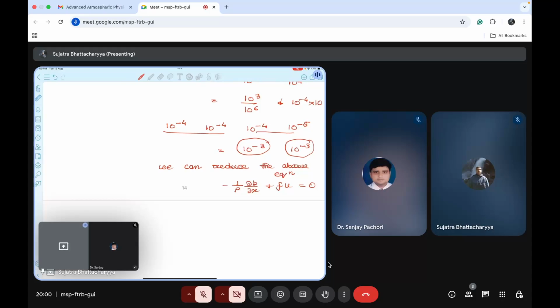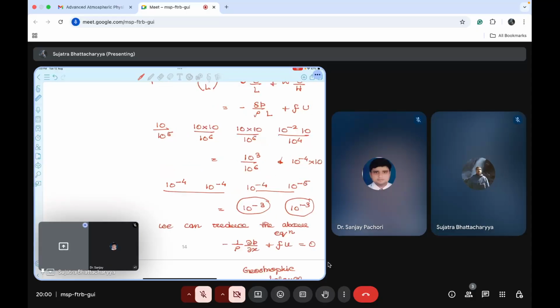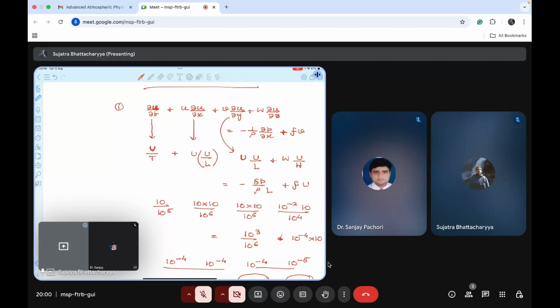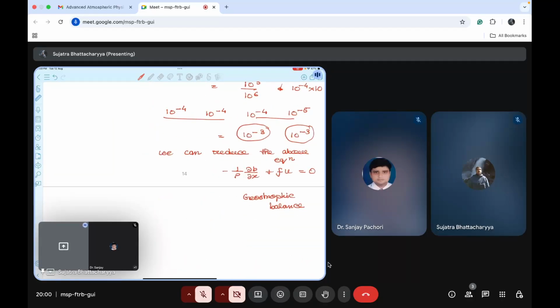And if you remember, this is nothing but geostrophic balance. This is the power of scale analysis. It reduces the horizontal momentum equation to a simple geostrophic balance.